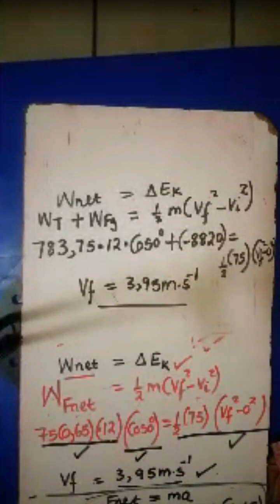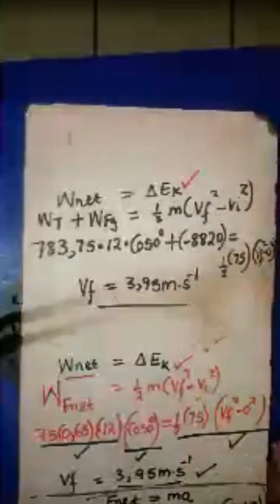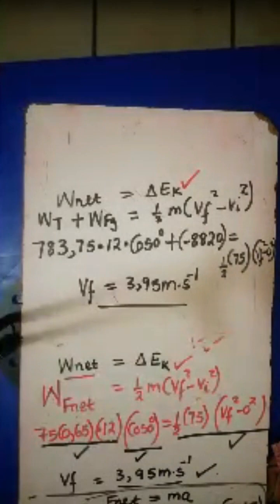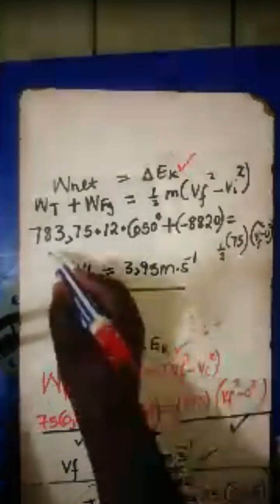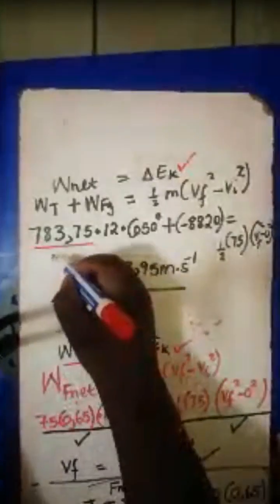First mark, remember, is the formula. W net is equal to change in EK. Second mark is for you to get tension, which is what we did down there, and our tension is 783.75. So this answer here will give you a mark.